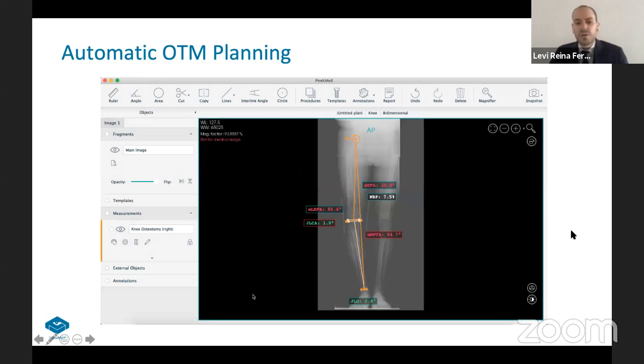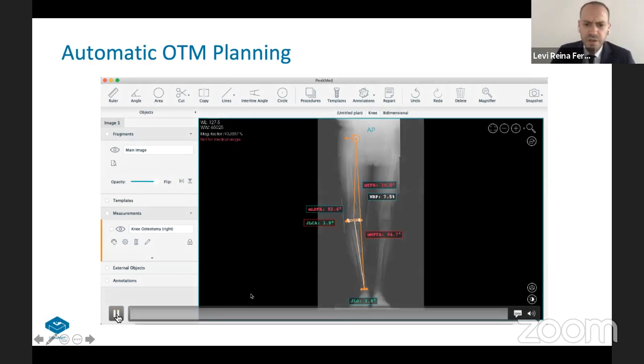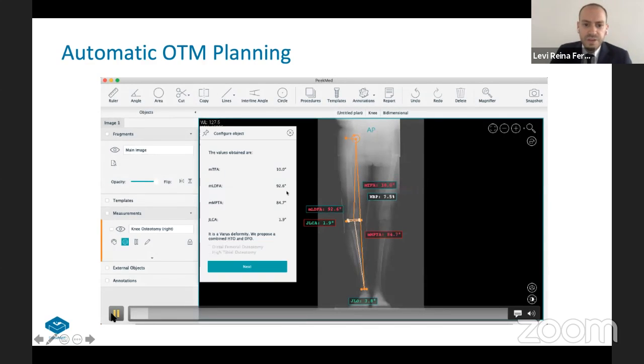So I'm going to show you some more complex cases. This is a double level osteotomy because, as you can see, the patient has a varus coming from both the tibia and the femur. So the program tells you it's a varus deformity. We propose a combined HTO and DFO.